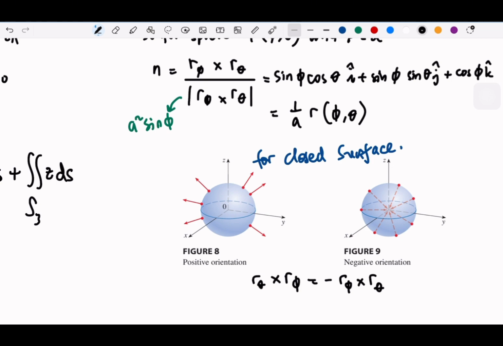Now these orientations, we are going to use in the observation of what we call the flux. The flux is the surface integral of a vector field. So you can imagine we have a surface and we have a vector field. The flux is how much goes through the surface.